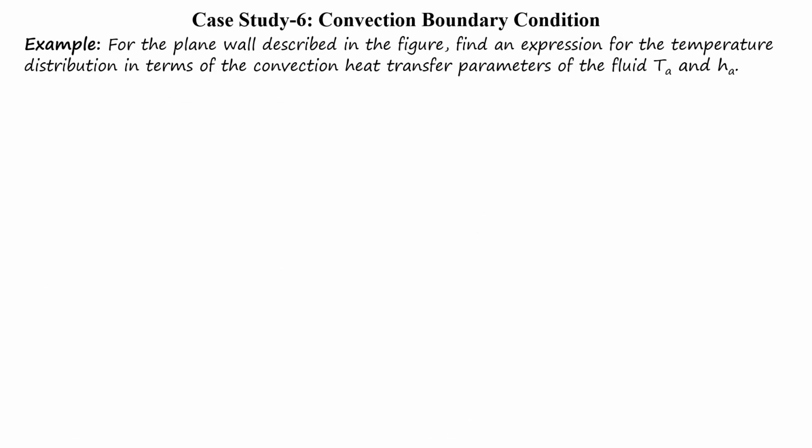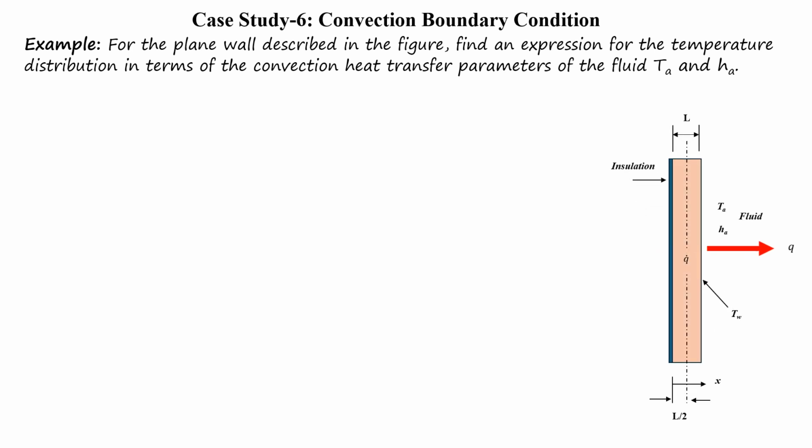Now let us consider a case study with a convection boundary condition for the wall, where it is exposed to a fluid having temperature T sub A and heat transfer coefficient h sub A. For the plane wall shown in this illustration, one side is adiabatic, which is insulated, and the other side is exposed to a fluid.